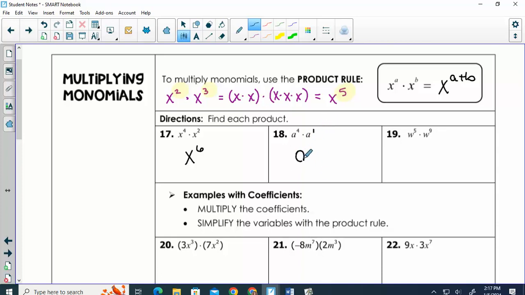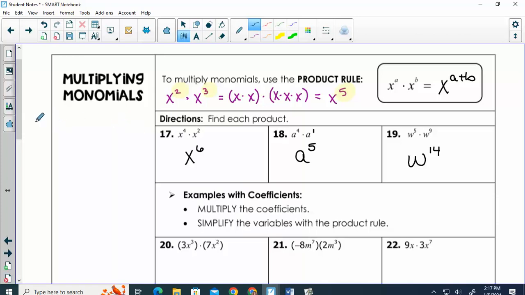So it becomes a to the fifth. 4 plus 1 is 5. Last one, w to the fifth times w to the ninth would become w to the 14th. So multiplying, we add exponents.